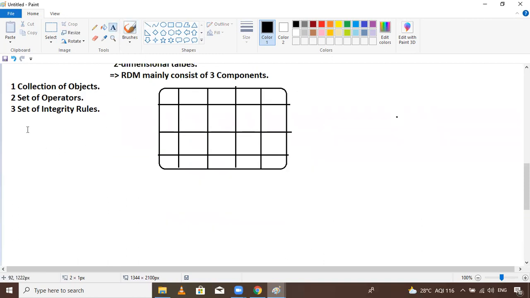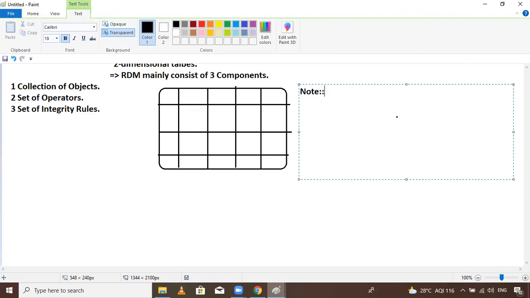The next point is, if we want to work with relational data model products, then we use a non-procedural language, which means SQL.